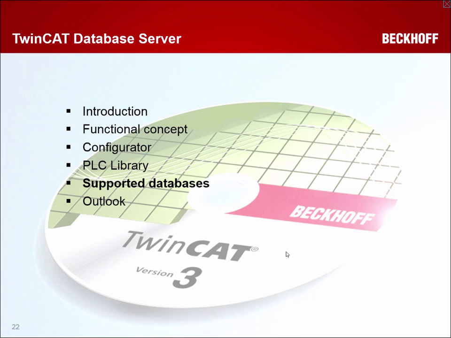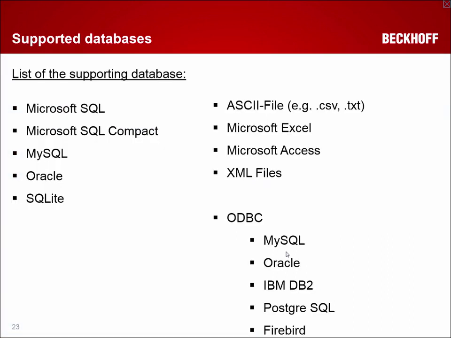Then we come to supported databases. We have meanwhile a lot of databases that we are supporting. So we have Microsoft SQL Server, as I showed you today. Then we have Microsoft SQL Compact, especially for CE devices. Then we have MySQL or Oracle, SQLite, for example, which we are also supporting. Then we have different ODBC databases.